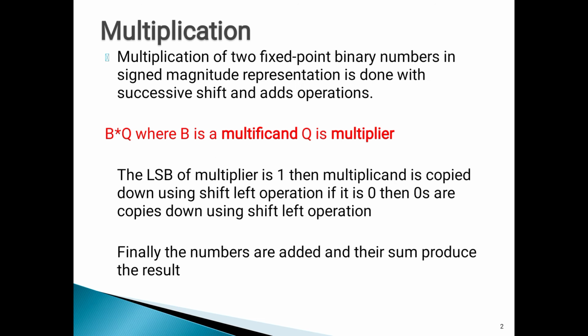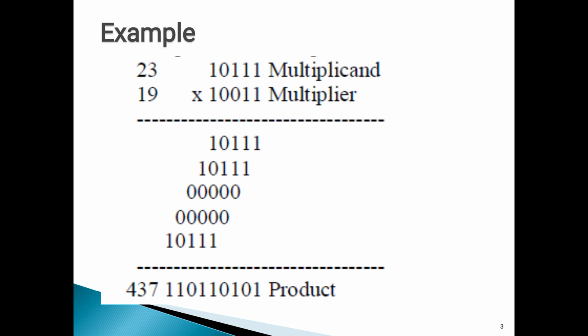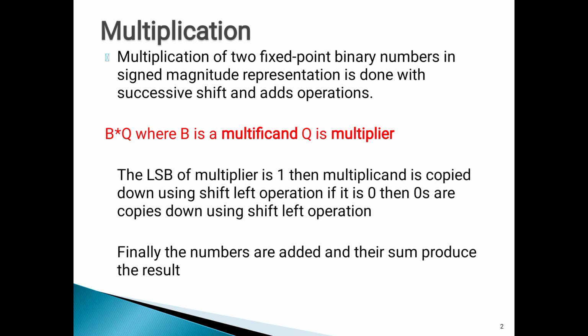So to see this operation, this is the multiplier, right? The least significant bit of multiplier is 1. Then what will you do? Multiplicand is copied down using shift left operation, right? If it is 0, then zeros are copied down using shift left operation, right?